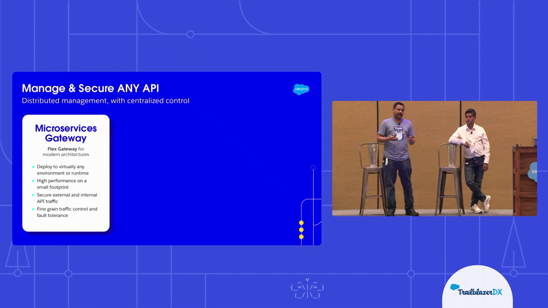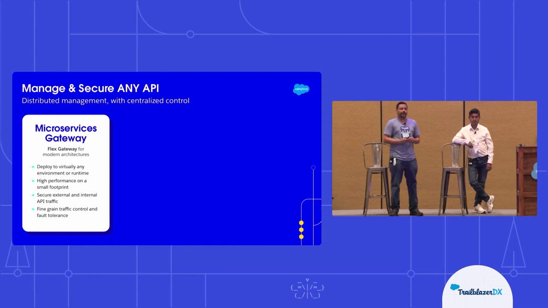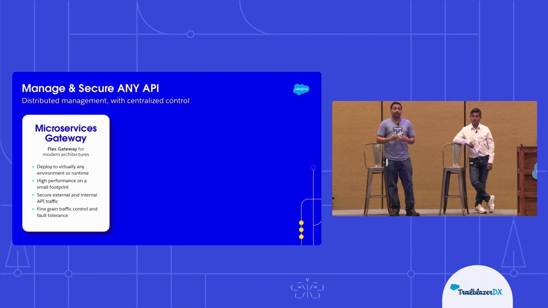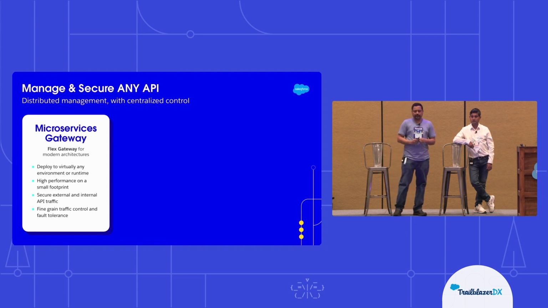Now, the Flex API gateway, as you guys have known, it's been a product with MuleSoft for about 2 years now. And it is purpose-built for high performance, for the ability to be able to protect many APIs at a very high rate of use, right?